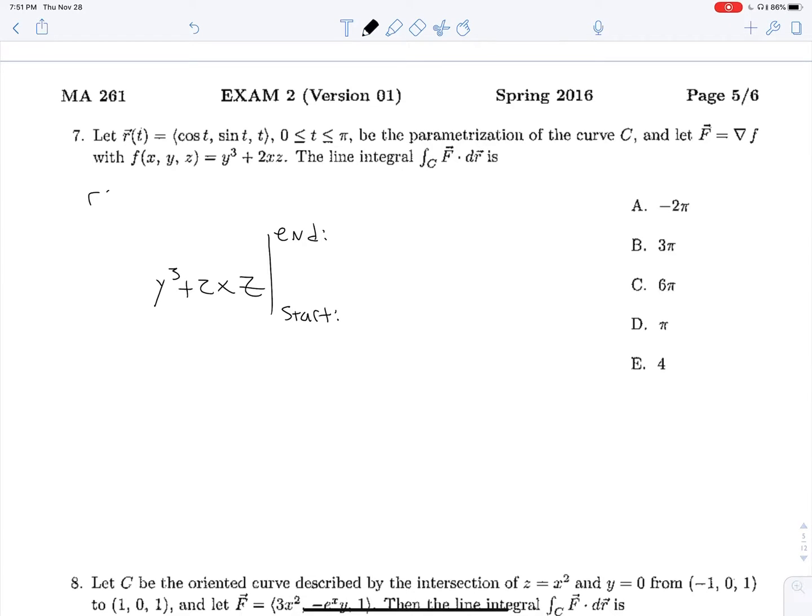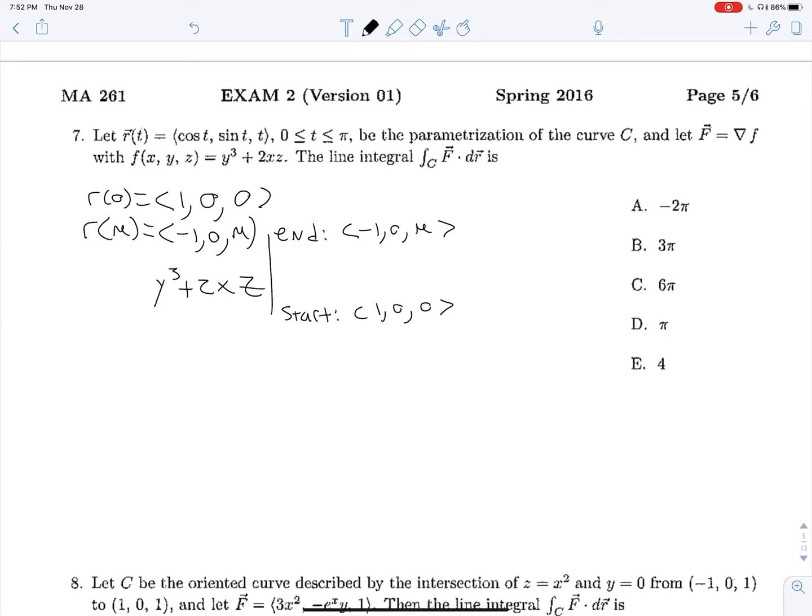So let's see, r of 0 is going to be cosine of 0, which is 1, sine of 0, which is 0, and 0 for t, which is 0. Whereas r of pi is going to give us negative 1, 0, pi. So we can plug these guys in. Our ending point is negative 1, 0, pi, and our starting point is 1, 0, 0.